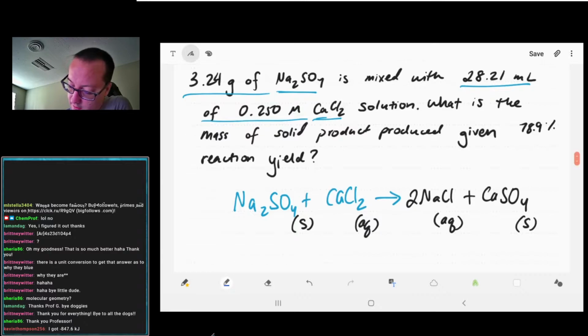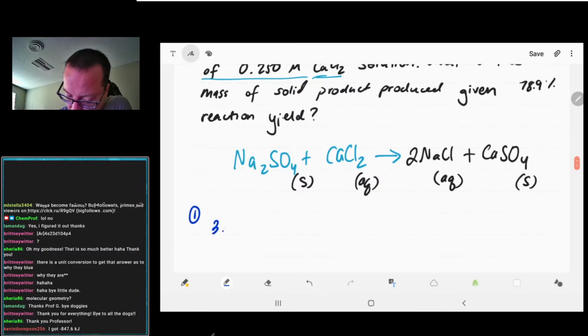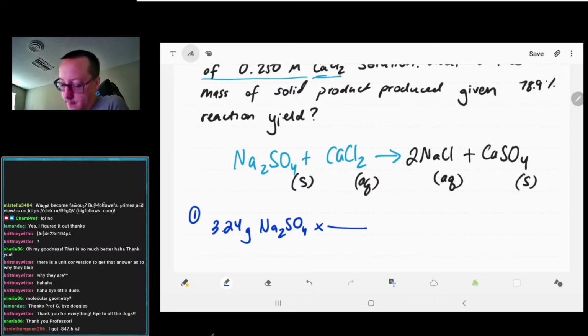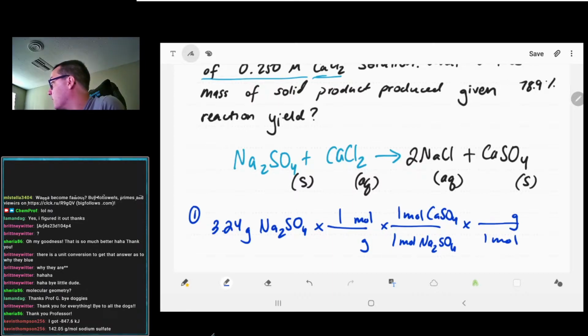So let's go ahead and do our sodium sulfate first. We're given 3.24 grams sodium sulfate. We'll have our molar mass for sodium sulfate, and we'll now have our reaction coefficients. And for calcium sulfate, it's 136.14.